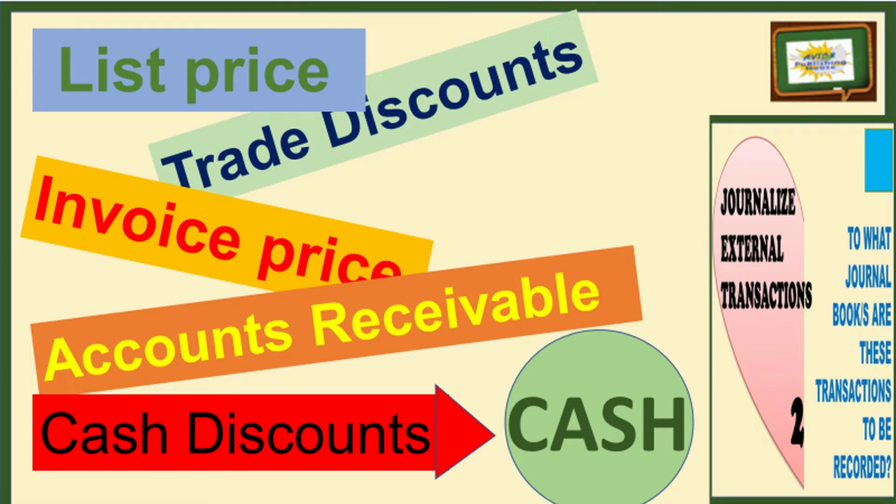Sabi niya, kung bibili ka ngayon, 1,000 ko na lang bibigay sa'yo. Pero sa list price nakalagay 1,200. Pero ini-entice niya si Dr. Reginding na bumili. O sige, bilhin mo na lang to ngayon. Kasi ngayon na lang yan available. Susunod wala na. Bibigay ko na lang sa'yo ng 1,000. So yung 200, that is a trade discount.